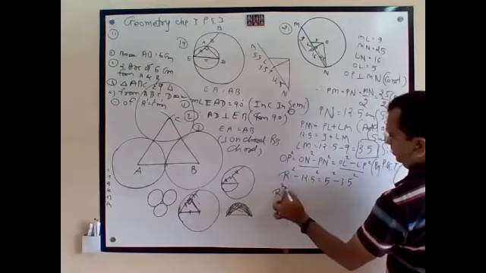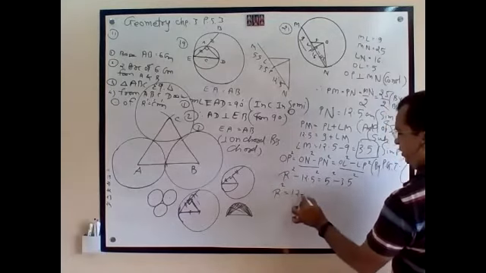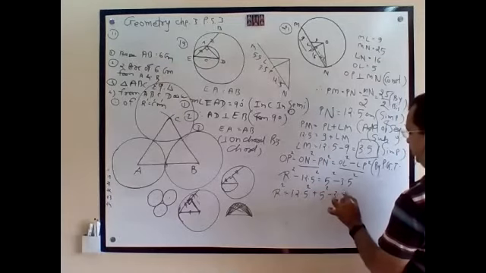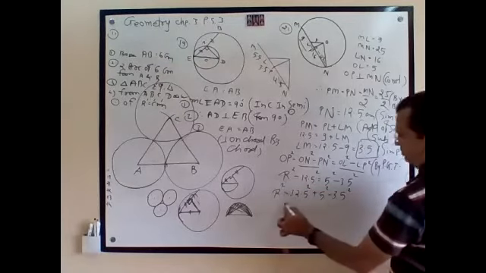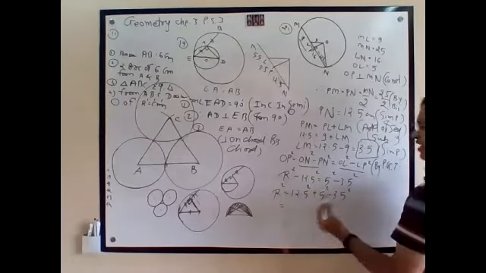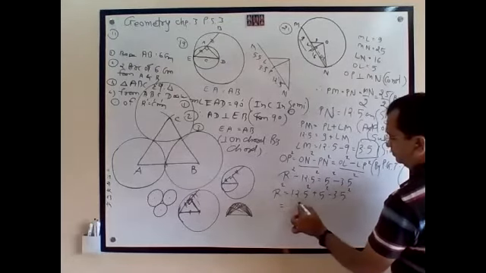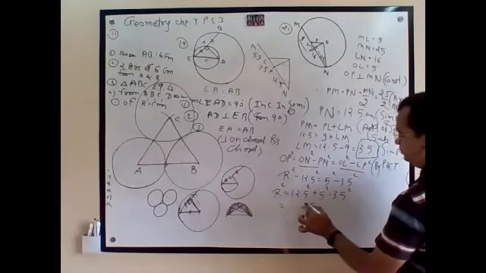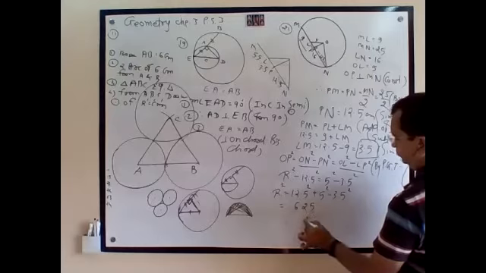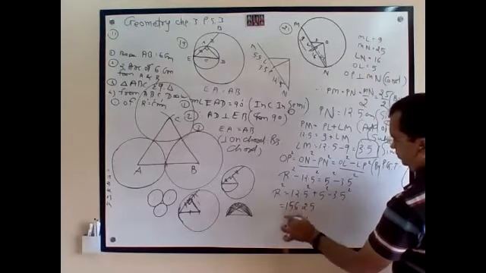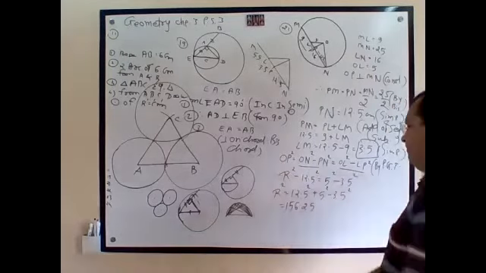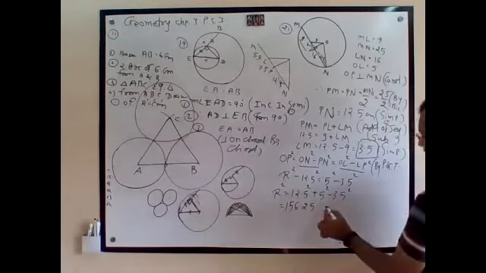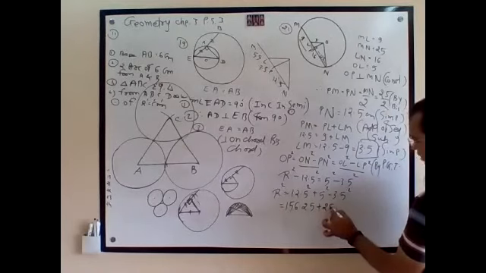Now, R square is equal to this side, 12.5 square plus 5 square minus 3.5 square. 12.5 square means 156.25 plus 25.